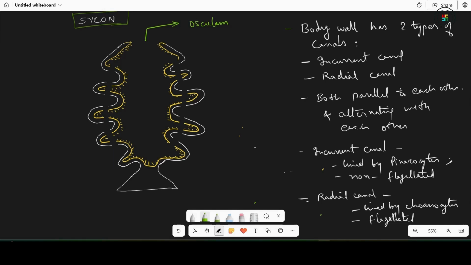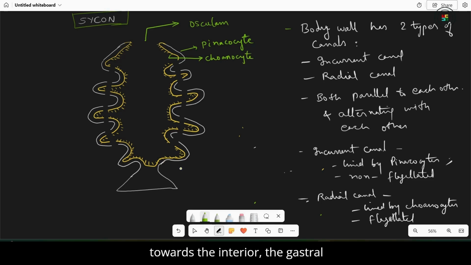This is a pinacocyte on the external. This is a choanocyte towards the interior, the gastral side. Where do we see the incurrent canal? So this one here, this canal is the incurrent canal.